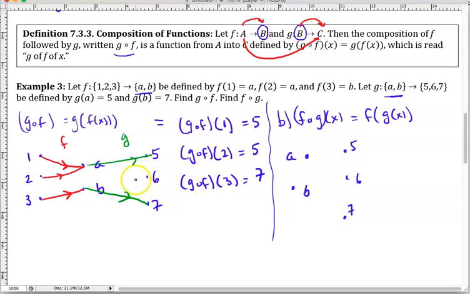Right, but notice that there's a problem here, because these outputs right here need to become the inputs for the f function, but that doesn't match because the inputs for the f function are 1, 2, 3, not 5, 6, 7. Okay, so because the codomain of the g function is not the same as the domain of the f function, this composition cannot be done. So this is not possible.